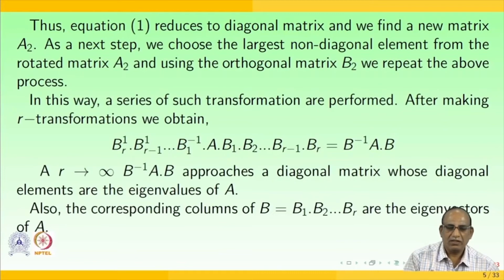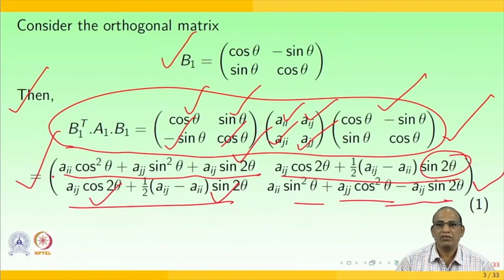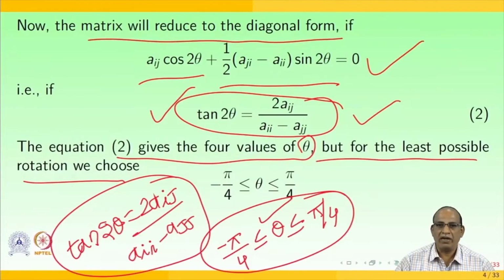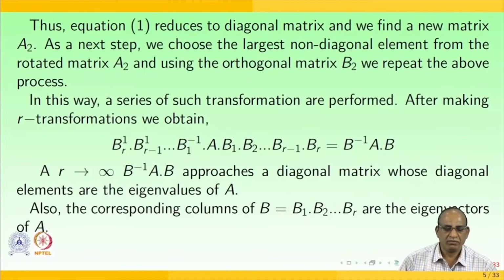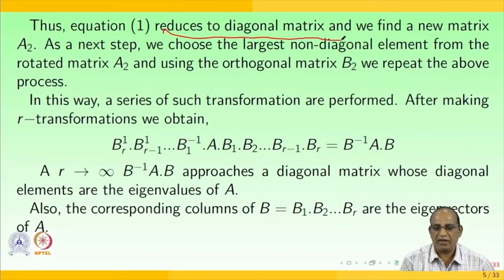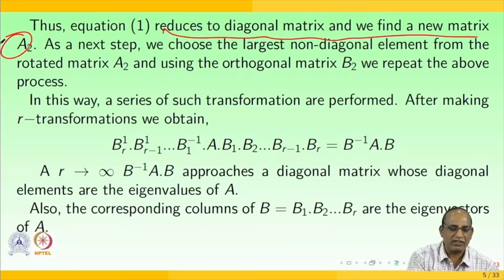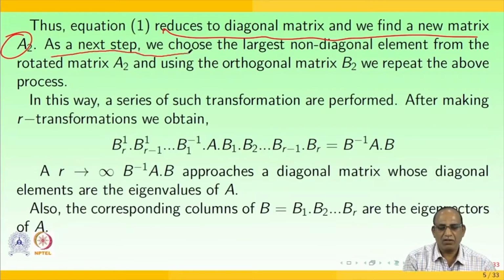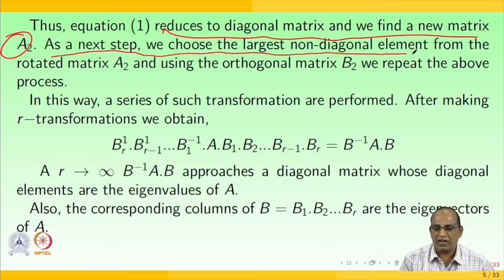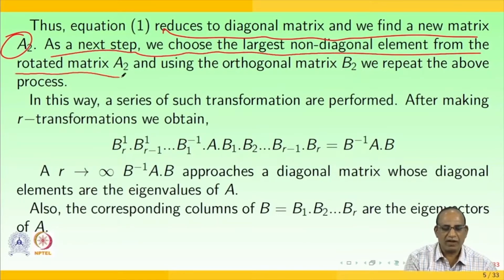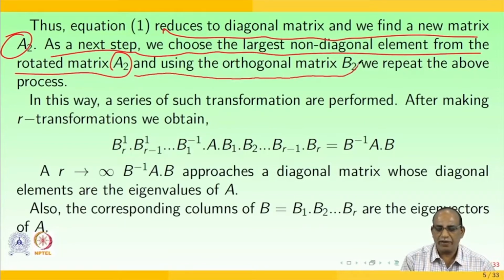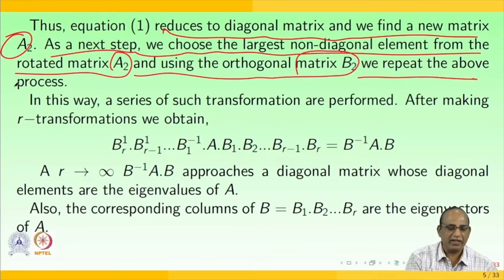Thus, the 2 by 2 matrix equation which we have noted down reduces to a diagonal matrix, and we can find a new matrix A2. As a next step, we choose the largest non-diagonal element from the rotated matrix A2, and using the orthogonal matrix B2, we repeat the above process.